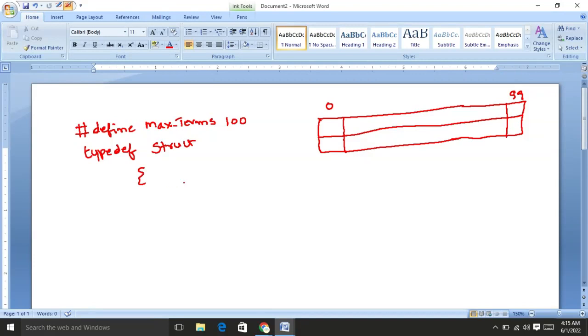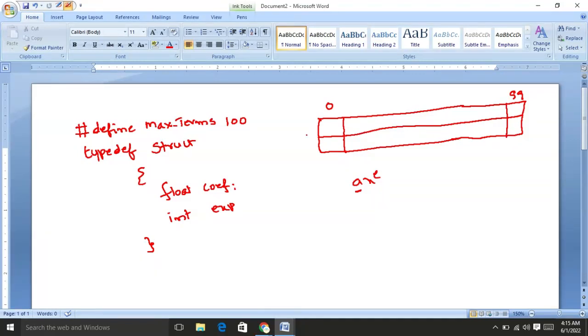So we know that ax to the power of e, this a is known as the coefficient. The coefficient may be an integer or float. Here I am going to consider float coef, and the exponent is an integer, so int exp, right?